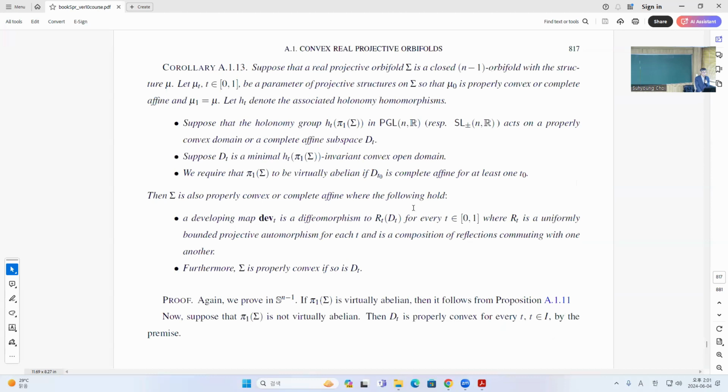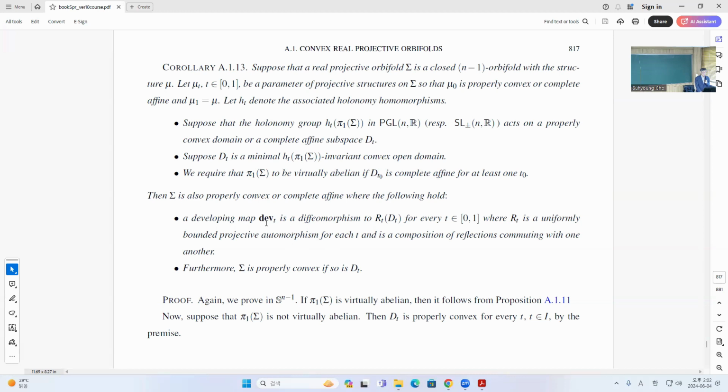Okay, so now we generalize this to this case. We have some associated holonomy, and it acts on some properly convex domain or complete affine space. DT is a minimal HT invariant convex domain, and this is virtually abelian if it's complete affine for at least one T0. Then sigma is always properly convex or complete affine for every T, right?